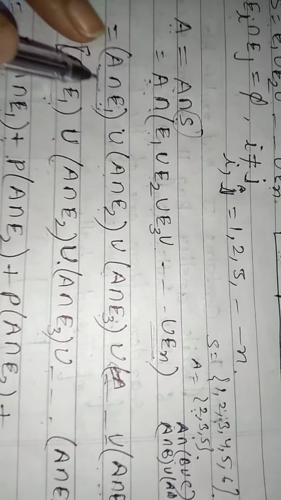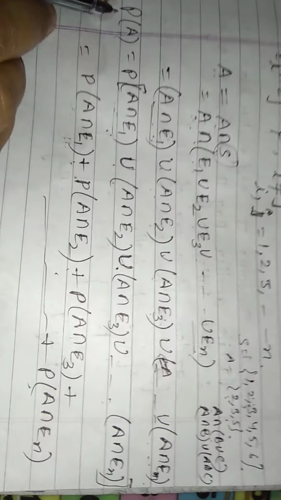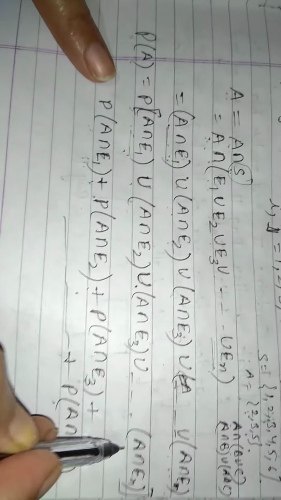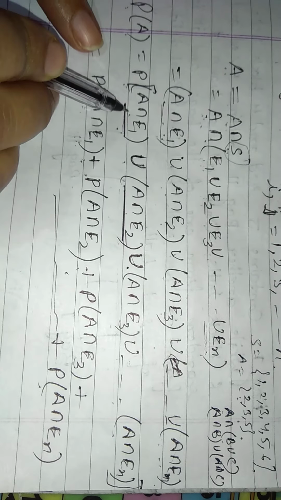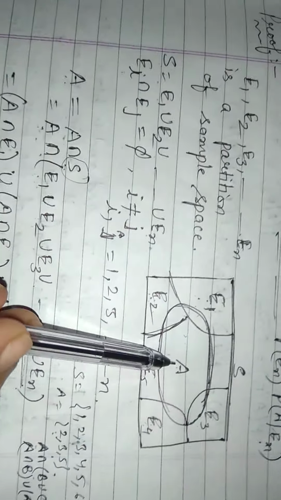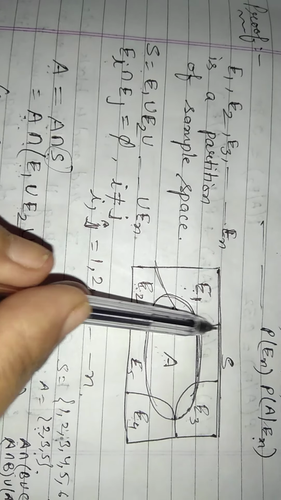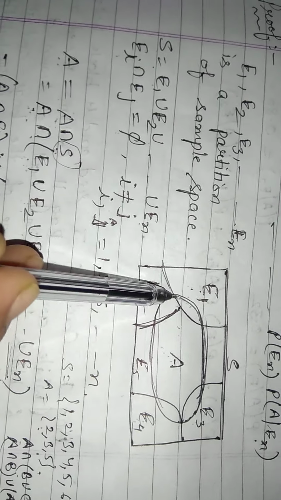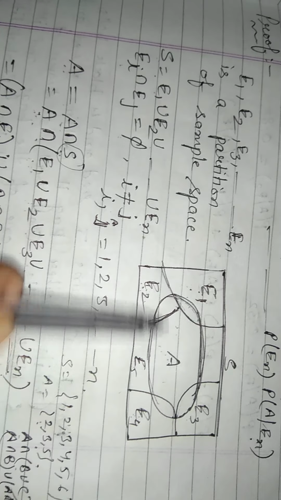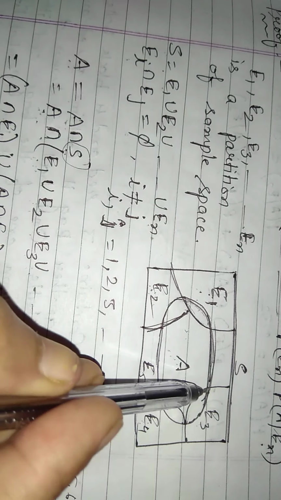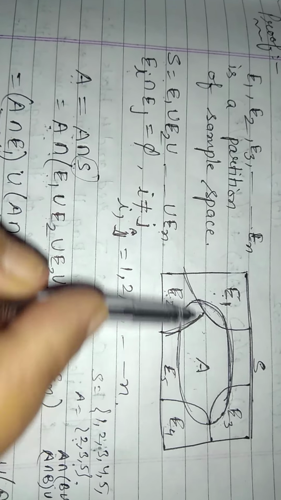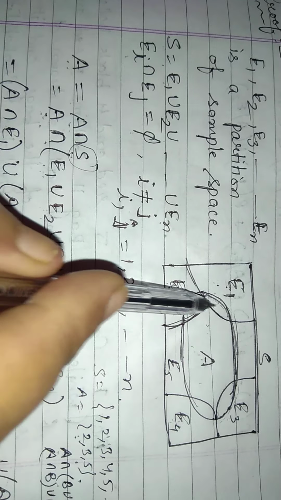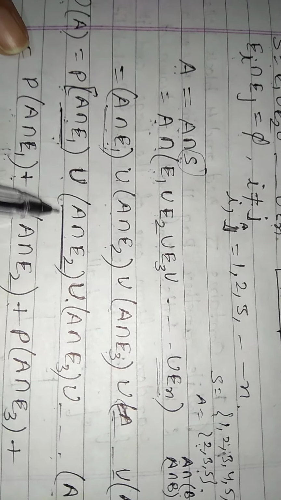Clear? Now we will take probability on both sides. P(A) is equal to P of this. And these are disjoint sets. Look at the figure. If A is an event, A intersection E1 is this one, A intersection E2 is this one, A intersection E3 is this one. Nothing is common in these, which means these are disjoint sets.